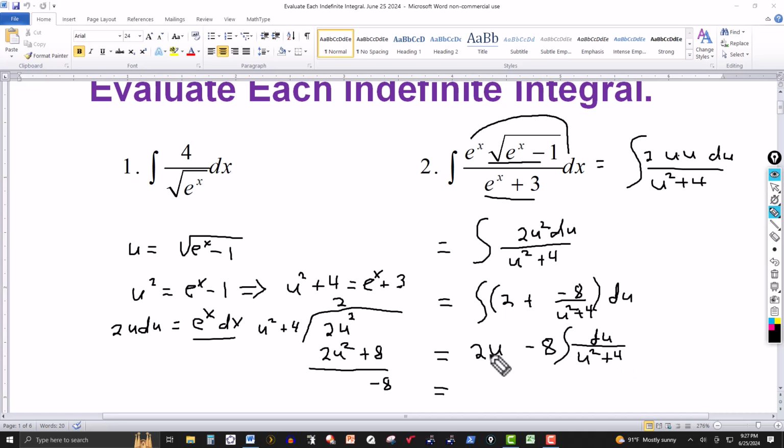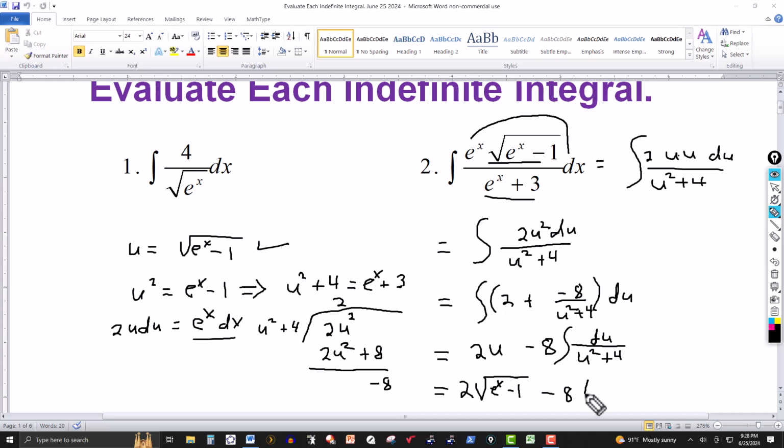So here I have a 2u, but what is u? U is that. So that's part of the answer. I'm going to go back to the original variable, so this is going to be the square root of e to the x minus 1. And then it's minus 8. This is the formula that we used. This generates the tangent inverse function.